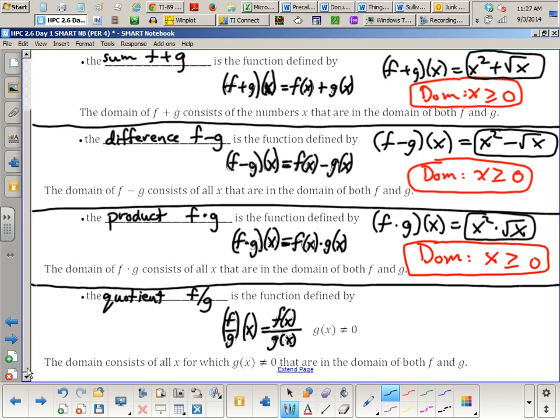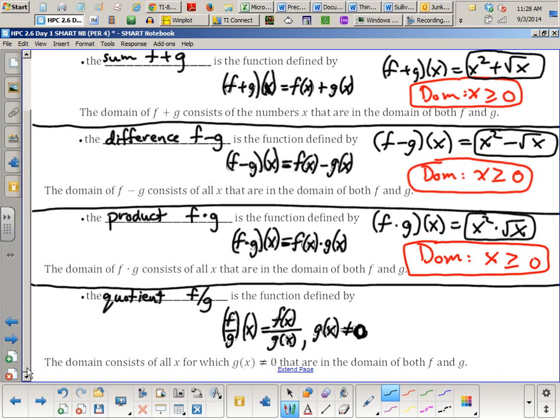For example, not only does g have to be defined, but g cannot be 0 either. You can't divide by 0, right? So we always list this. Anytime you write a fraction like 5 over a, you really should write a is not 0. Here they wrote f of x over g of x, so they felt obligated to write g of x is not 0.